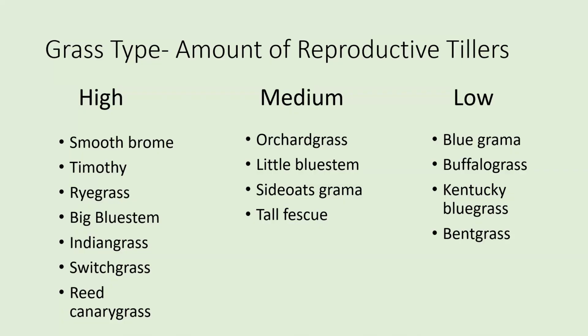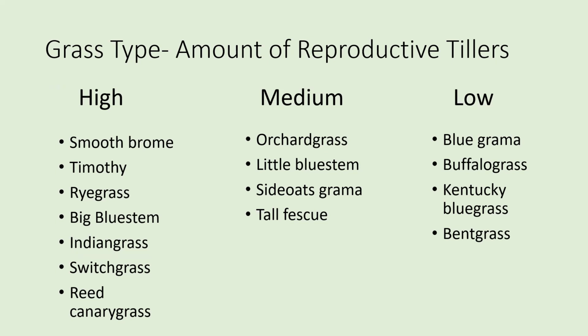So another important thing to think about is the different types of grass. That's important for a lot of reasons, but different types of grass also produce a different amount of reproductive tillers. You can read this on your own, but some of the common ones that we have, a lot of the grasses we cut for hay, are high in reproductive tillers: smooth brome and timothy.